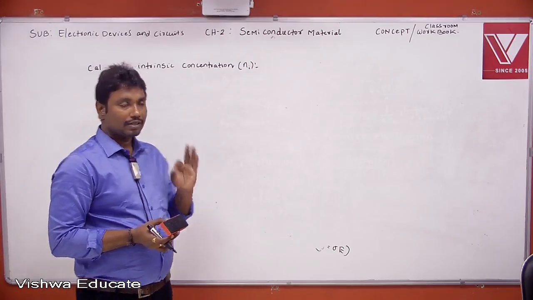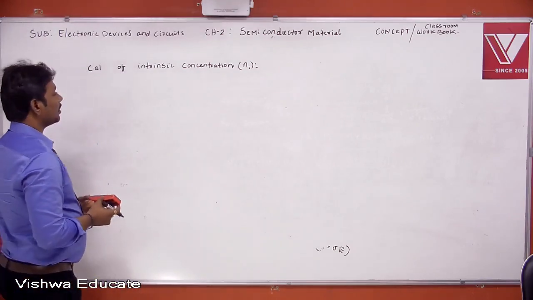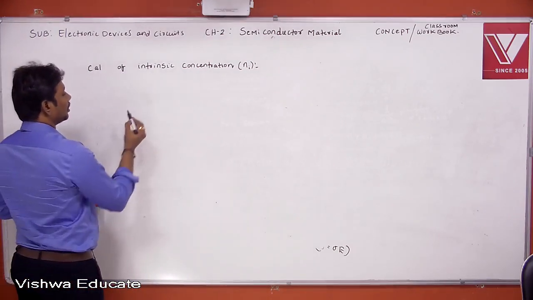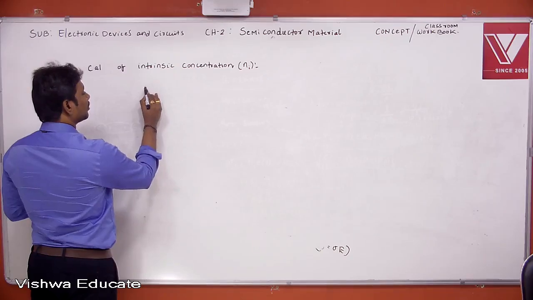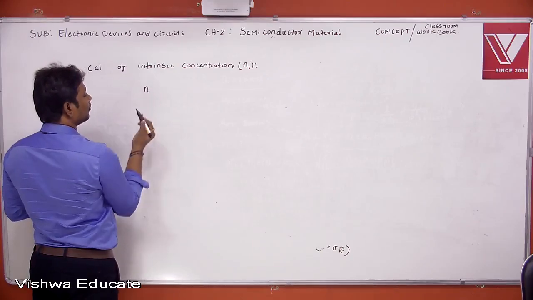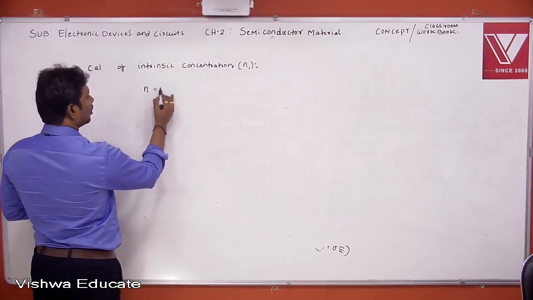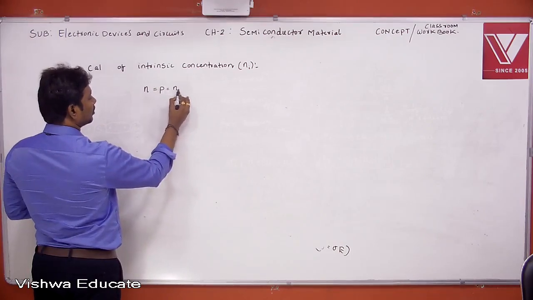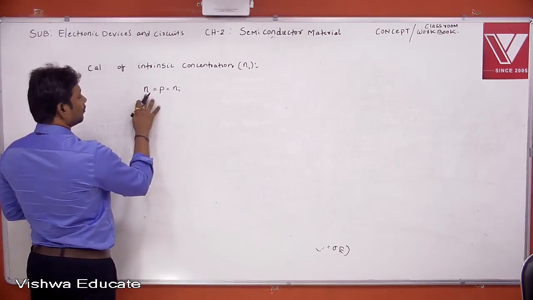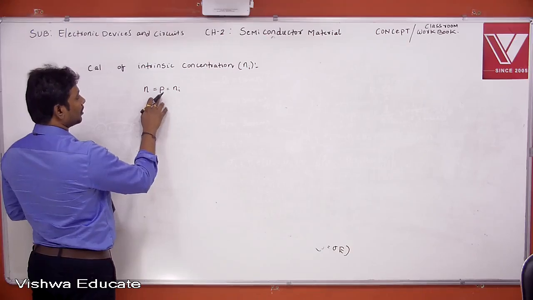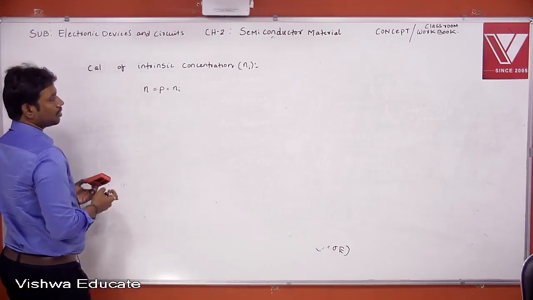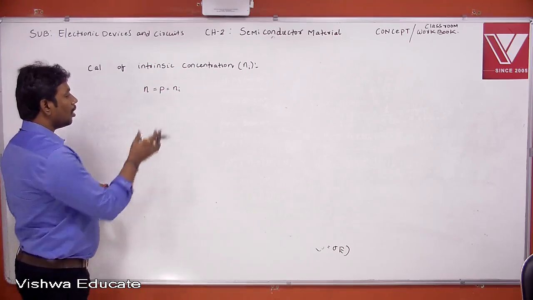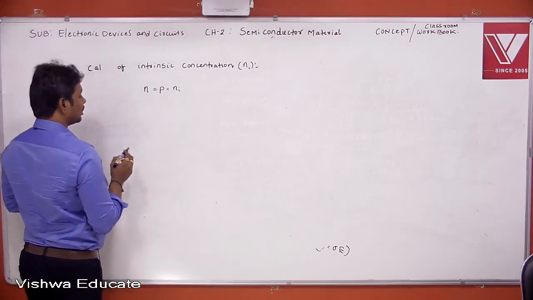First, before calculating, I can define the intrinsic concentration. Intrinsic concentration is the concentration of free electrons or holes. The concentration of free electrons or holes is called the intrinsic concentration. Now, how do we calculate this intrinsic concentration?